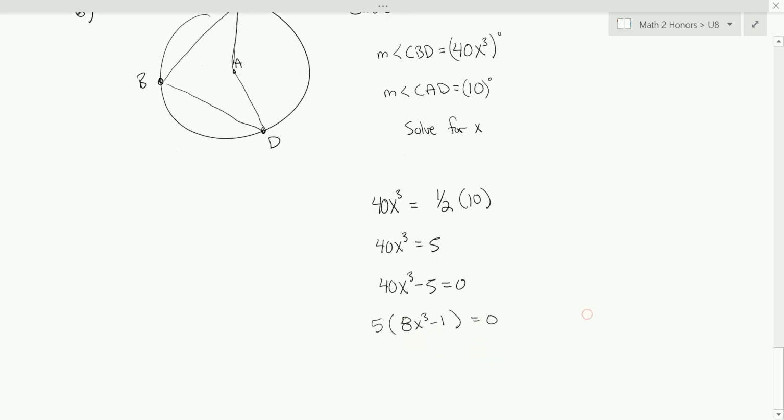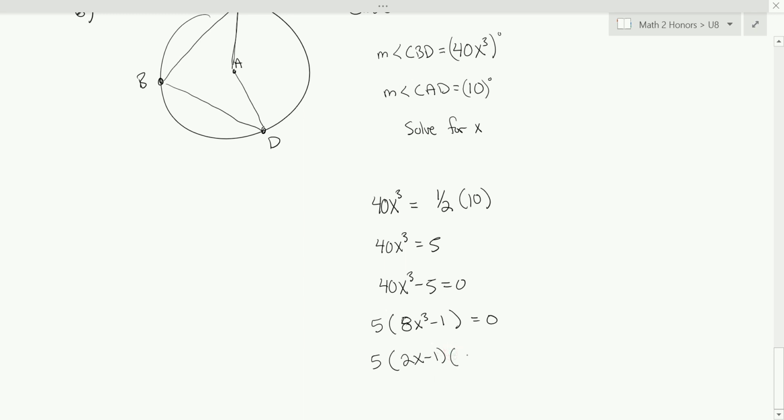And then I have a cube, so I'm thinking, well, is that a difference of 2 cubes or a sum of 2 cubes? It's a difference. And 8x cubed is a perfect cube, and so is 1. And so I can continue to factor. We got 5 times 2x minus 1. So I got that from taking the cube root of 8x cubed to give me the 2x. And the cube root of 1 is going to be 1.